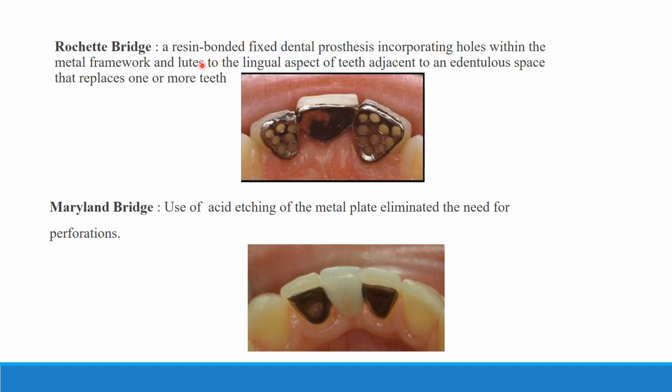Rochette Bridge is a resin bonded fixed dental prosthesis incorporating holes within the metal framework and luted to the lingual aspect of the teeth adjacent to an edentulous space that replaces one or more teeth, guys. Okay, so it incorporates holes just to increase the retention. Maryland Bridge, on the other hand, uses acid etching of the metal plate, eliminating the need for perforation, right? This is how you can replace one tooth, right?